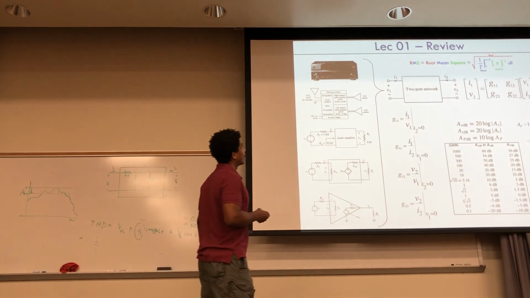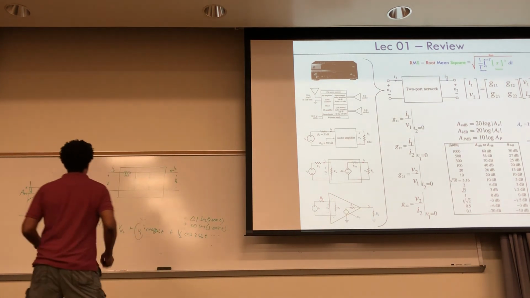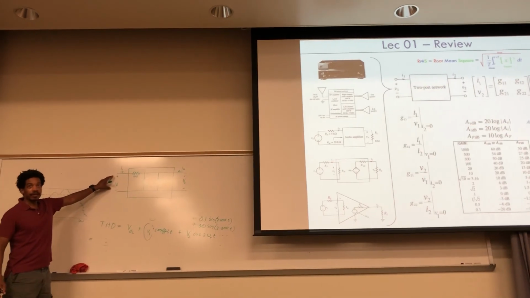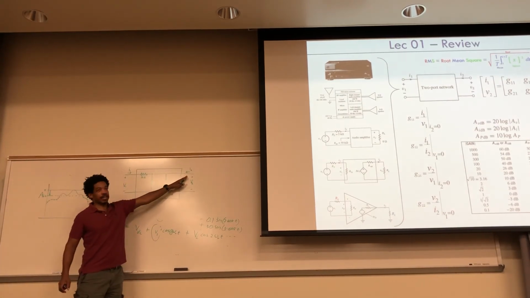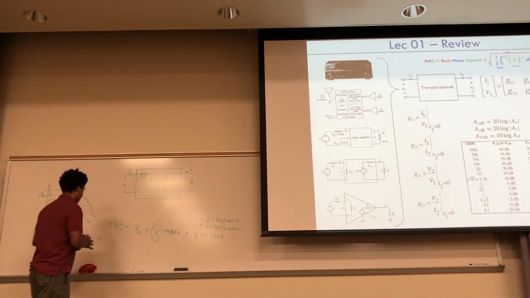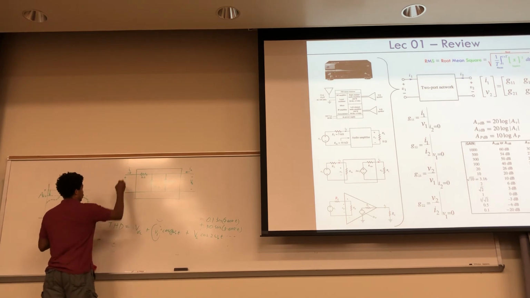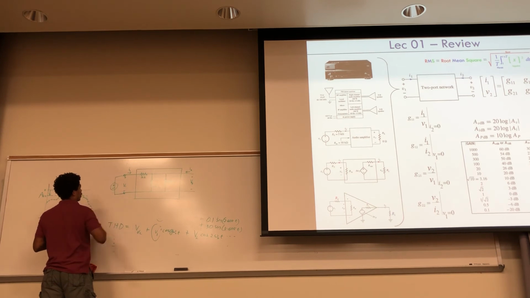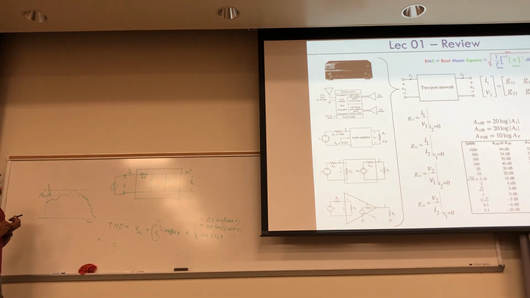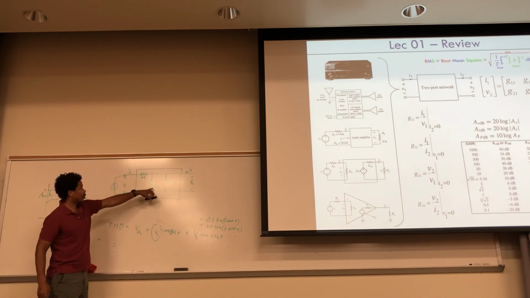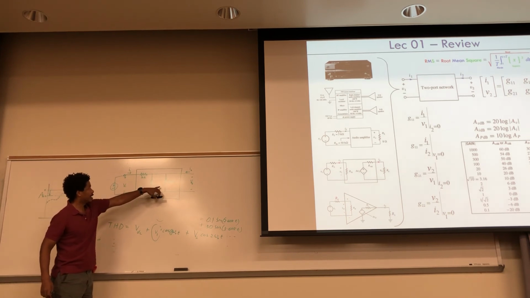So what you typically do is you apply a voltage right here, okay? And then you do your circuit where this part is an open circuit. So there's no current going through here, okay? And then you do your analysis. For example, here's your V1, right? And then you just do your circuit analysis. Now, of course, this has a current source and a resistor.